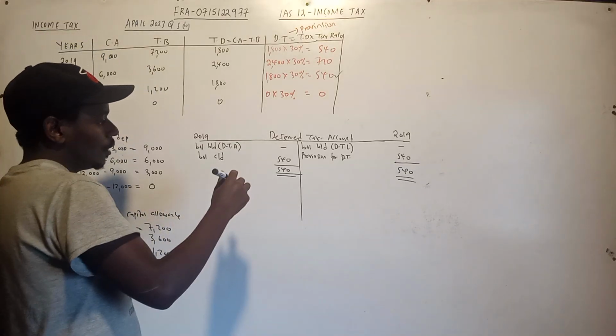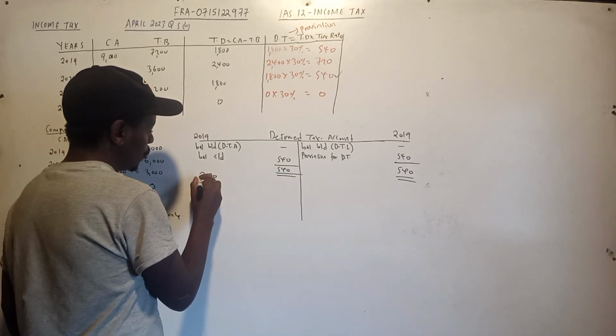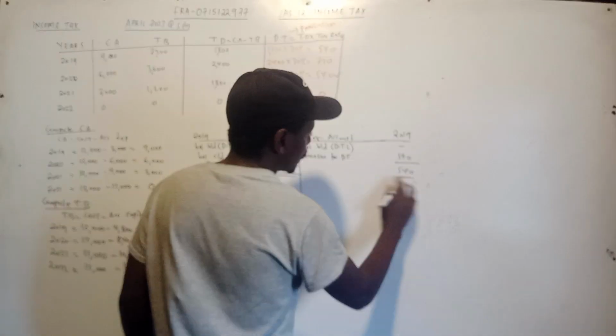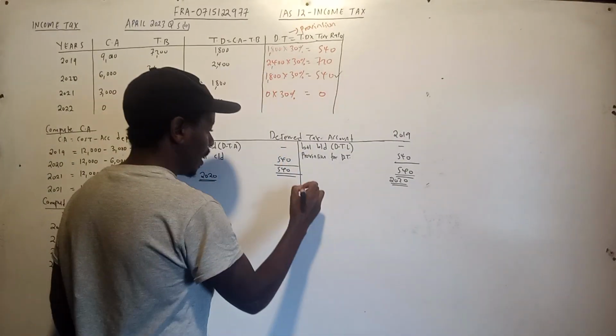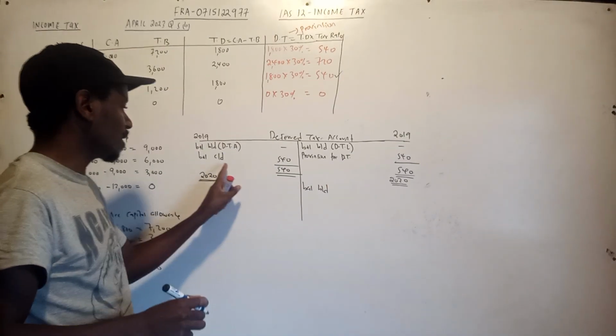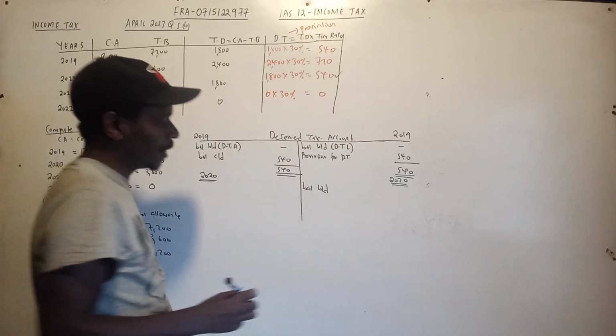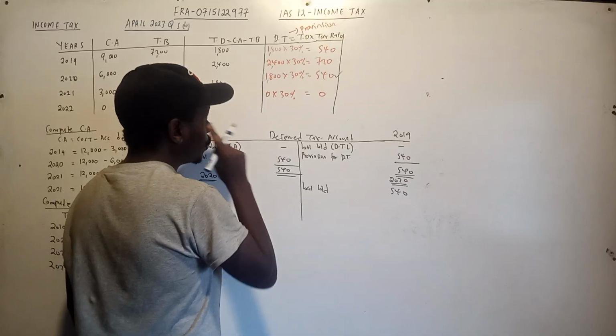Then we go to 2020. So we start with the balance brought down. In this case, the balance carried down was 540, to be the balance for the next period. Then we check any provision.